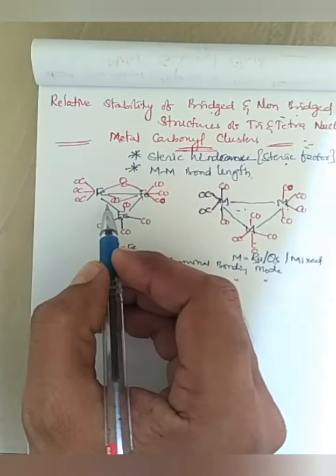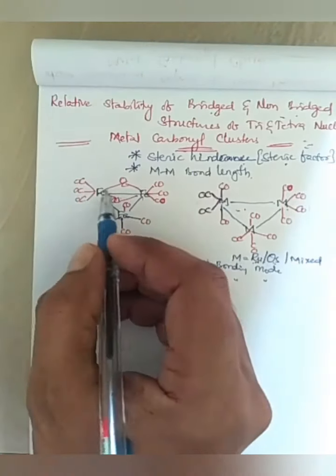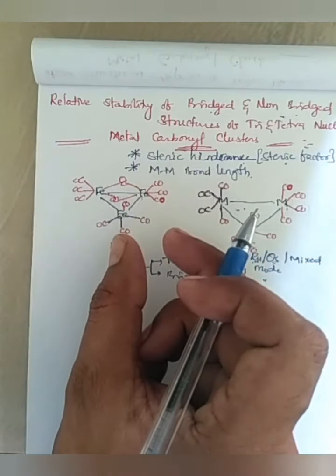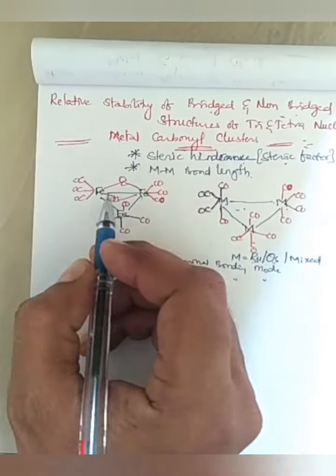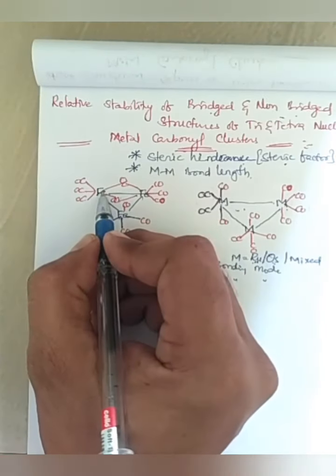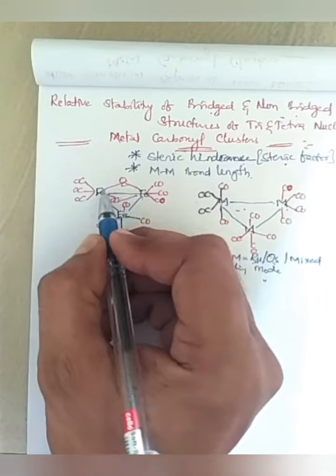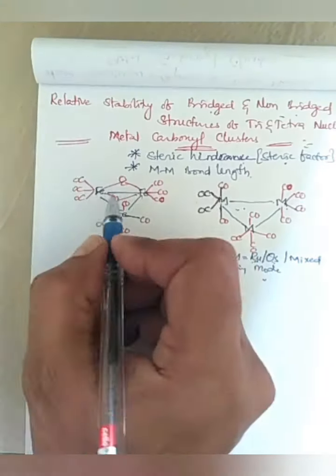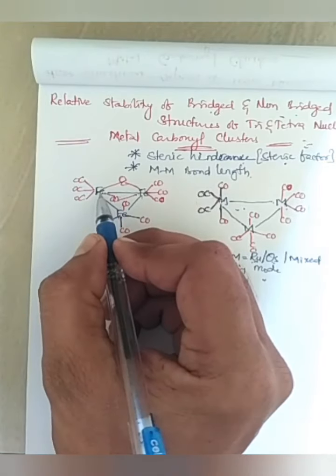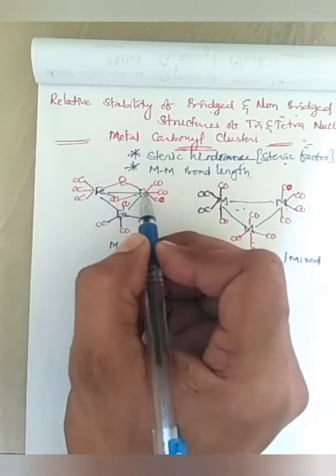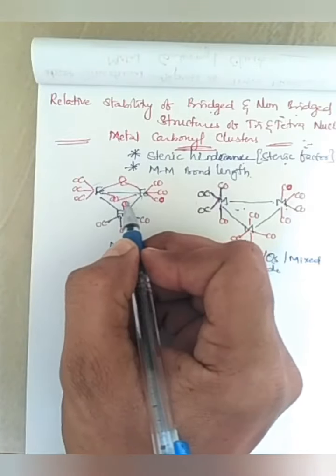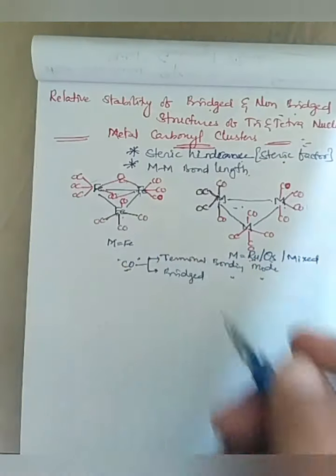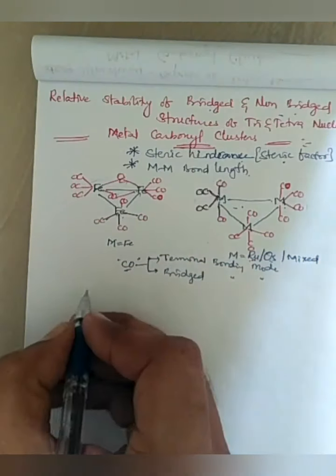So one part of the molecule gets close to the other part, and the carbonyl ligand can reach from one metal to the other metal and form bridging. So two carbonyls can bridge in the iron trinuclear metal carbonyl cluster.